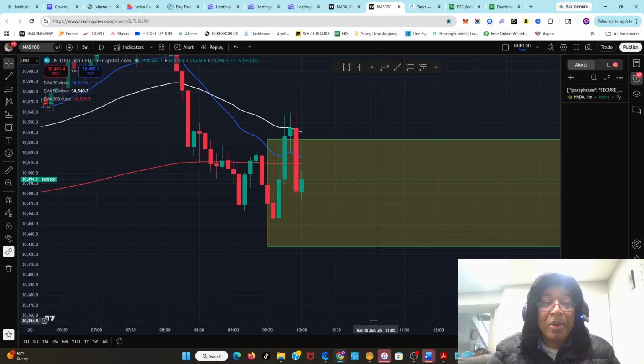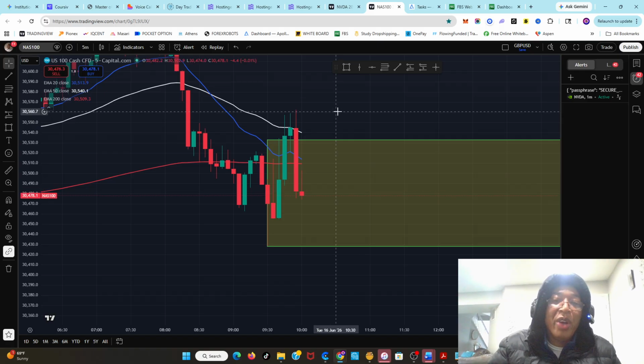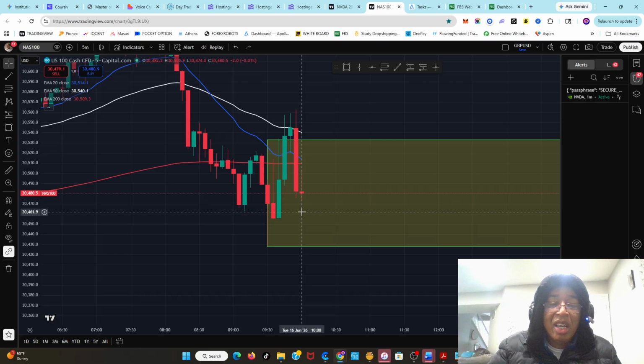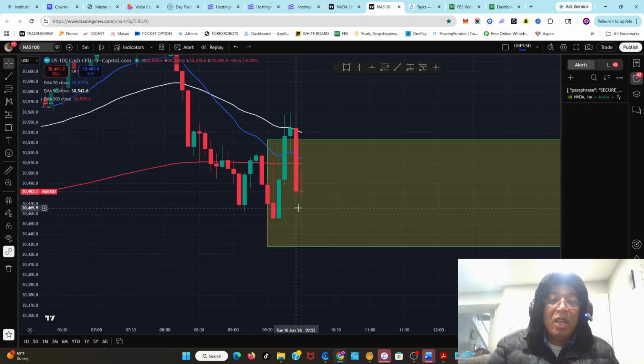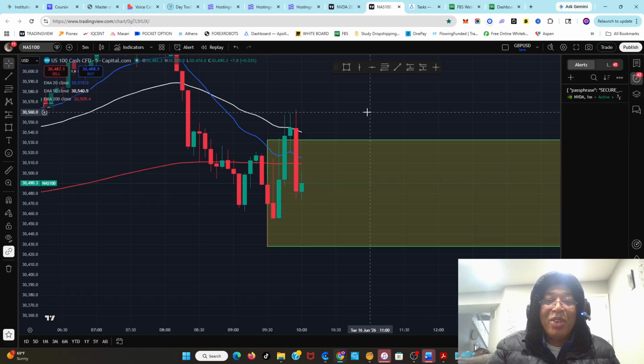However, if it breaks up on the top side here, we continue looking for a long trade. But right now you can see the 5 minute is showing that we are headed downside.